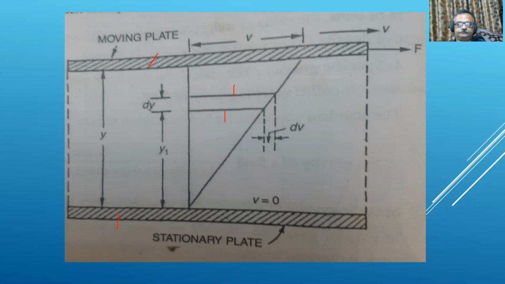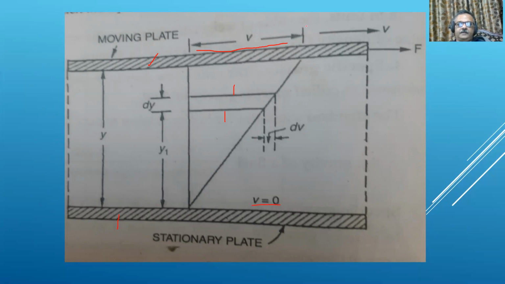Okay, students, so this is the applied force F. Okay, students, and so as these plates are mentioning that one plate is stationary and other plate is moving. So this is the velocity of the upper plate and this is the velocity of the lower plate.